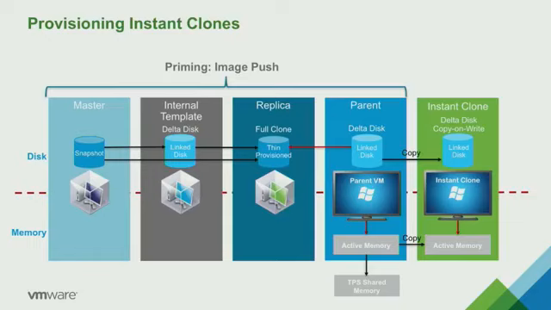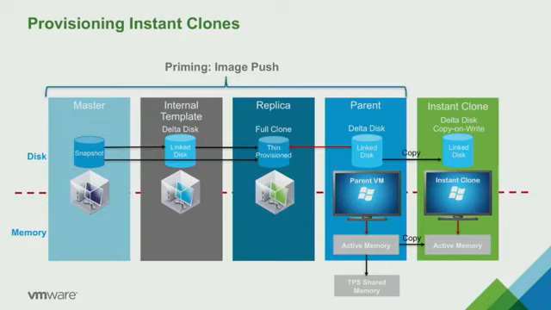But the other thing that we do that's unique is we use the concepts of transparent page sharing to make the RAM of the parent available to the child VM, and so we don't have to write every page of that memory. So at that point, the child is up and running, and it is a unique VM.